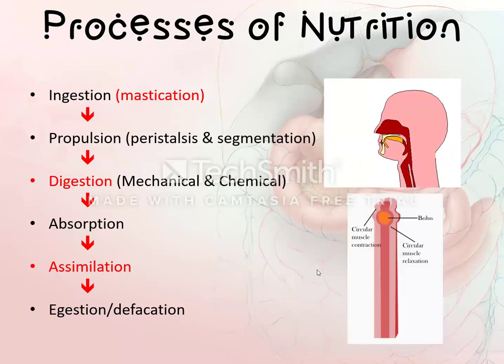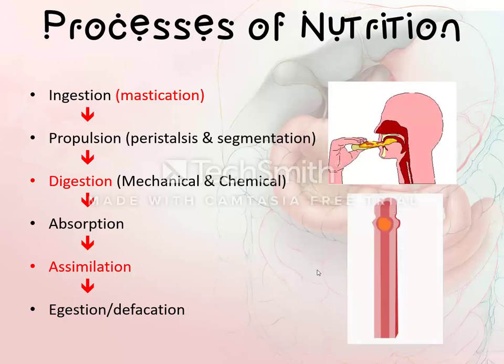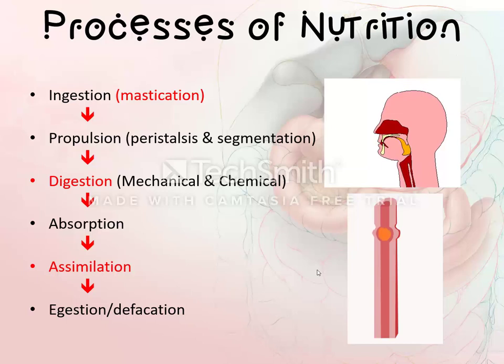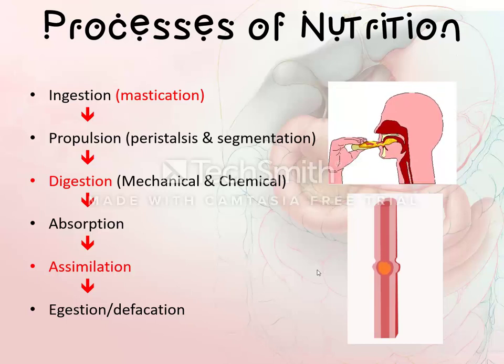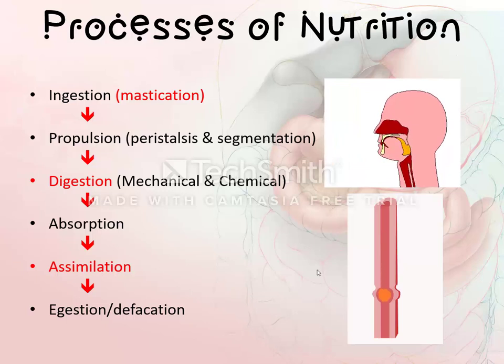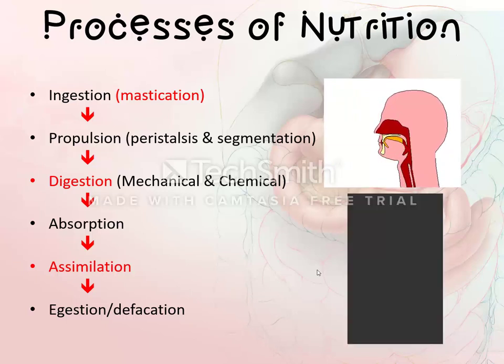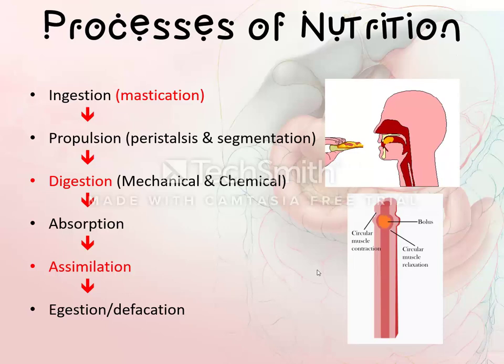Whatever is left in our digestive system, the fiber and the non-nutritive substances, is going to be egested out of our body through the process of defecation. So those are the processes then.